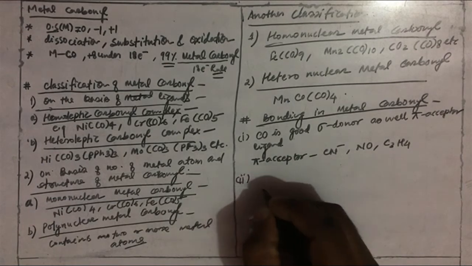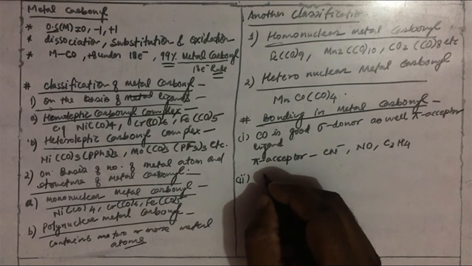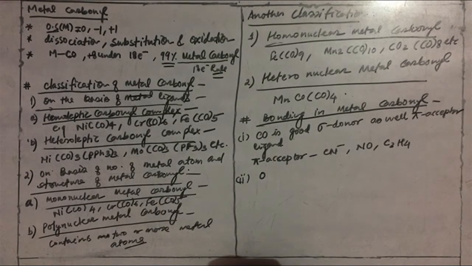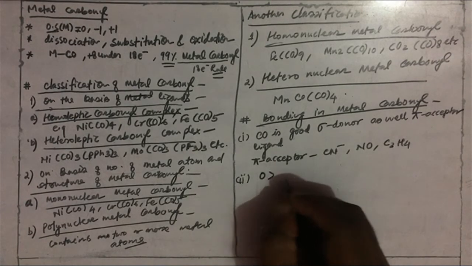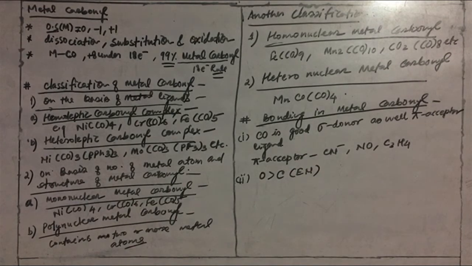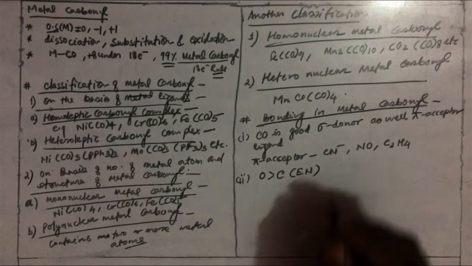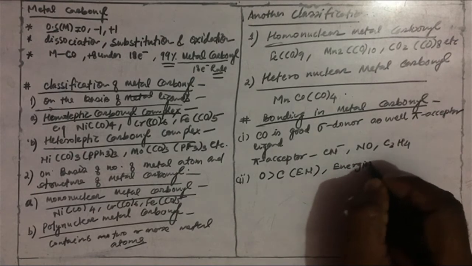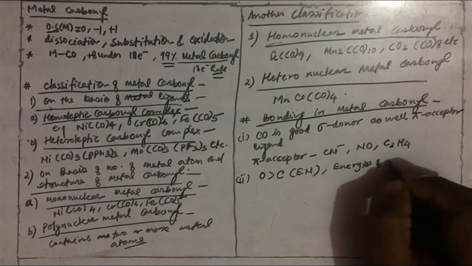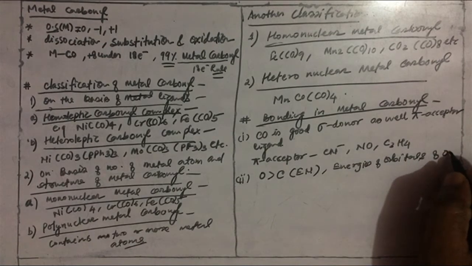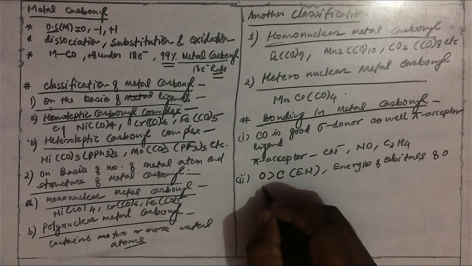Second point, oxygen. As we know, oxygen is more electronegative than carbon, so that's why the energy of orbitals of oxygen is lower than that of carbon.